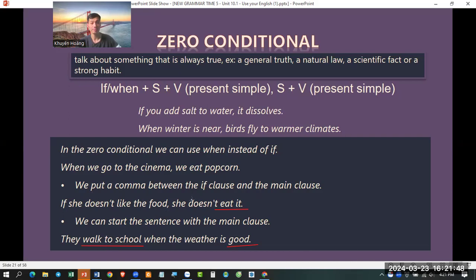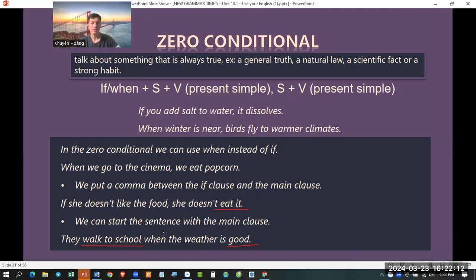What is comma? Comma, dấu phẩy. Here we have the condition clause and the main clause, and we may also call it the if clause.